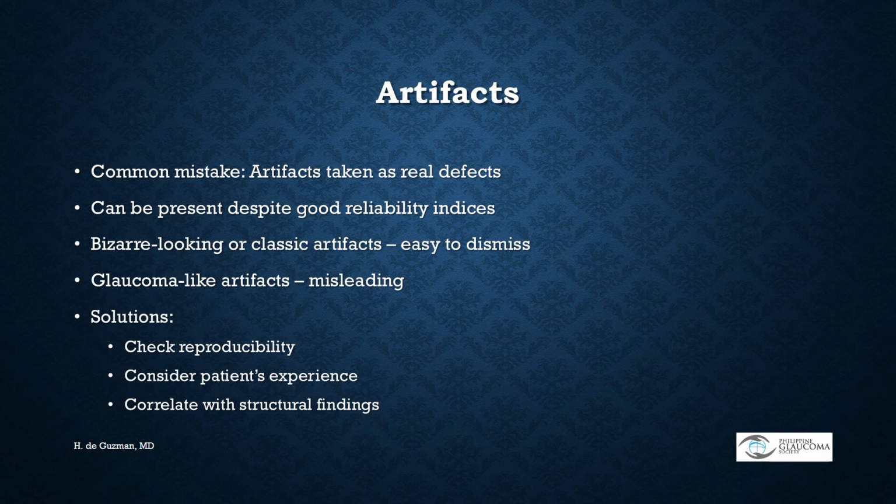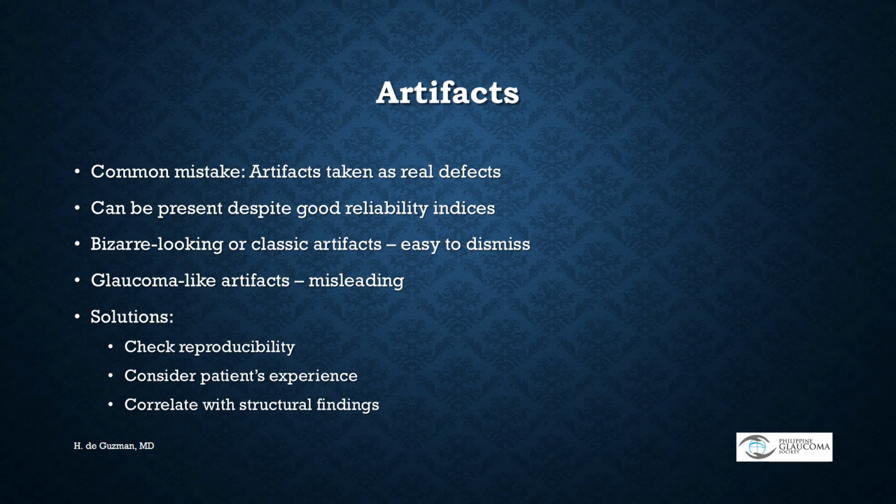You can have an artifact in the presence of excellent reliability indices. The bizarre looking or classic artifacts are easy to identify and dismiss, but sometimes you have artifacts that kind of look like glaucoma, so these are the ones that can be very misleading.